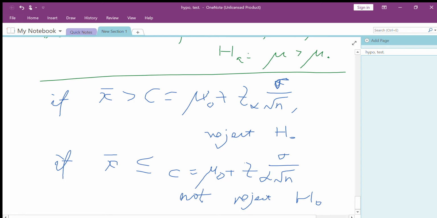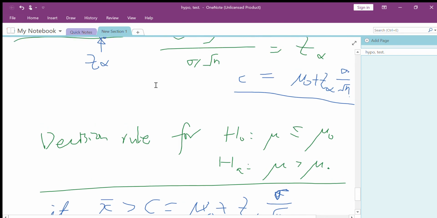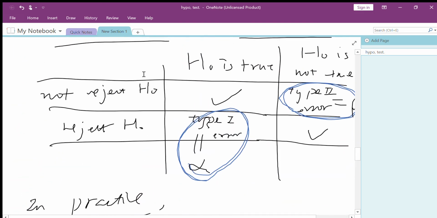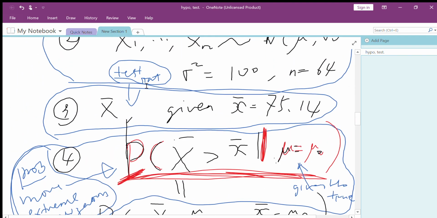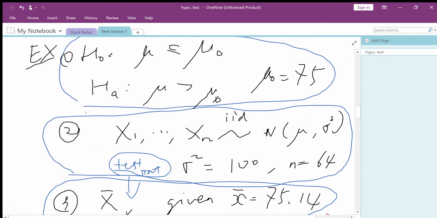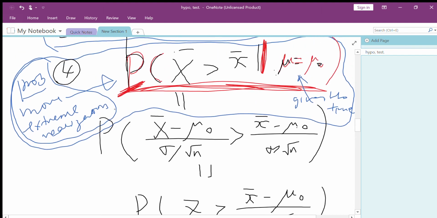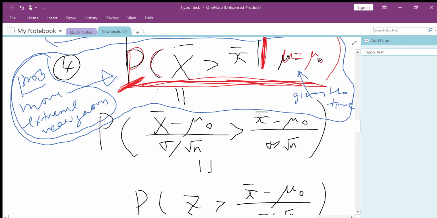So let's recall our original four steps for performing hypothesis testing. Step 1, step 2, and step 3 are the same, but for step 4, our original way of performing hypothesis testing is to calculate the probability of capital X bar greater than small x bar, the realization, given this.